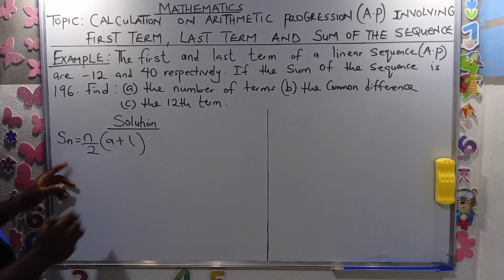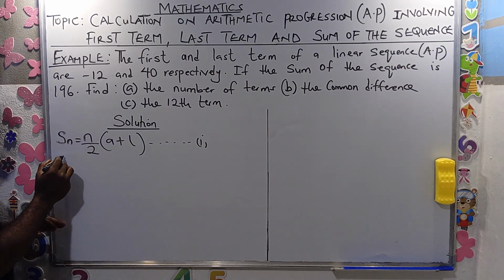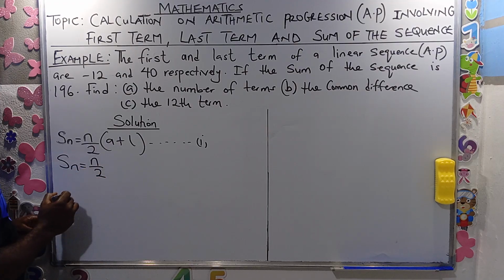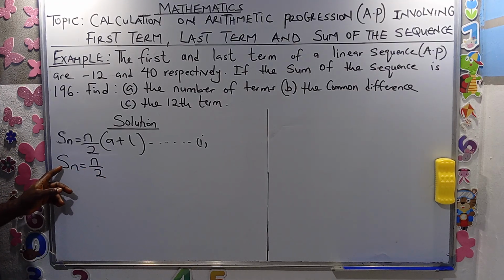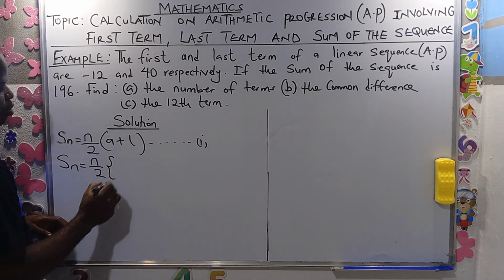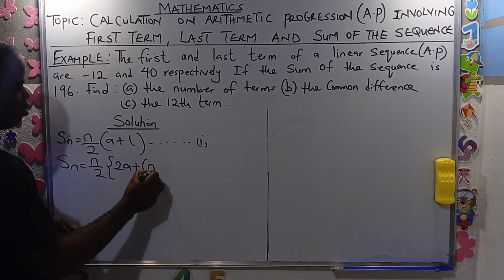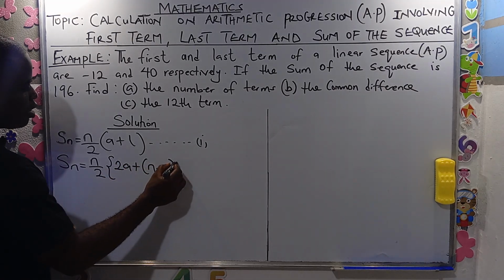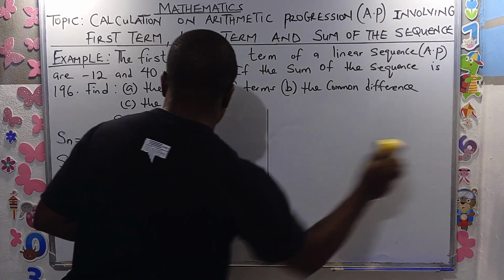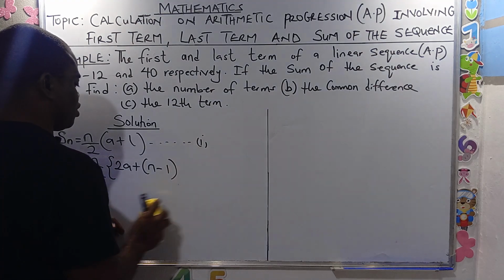Let's take it as equation 1. The second sum of AP is S subscript n equals n over 2, open the curly bracket, 2a plus, open bracket, n minus 1, close the bracket, d, close the curly bracket.